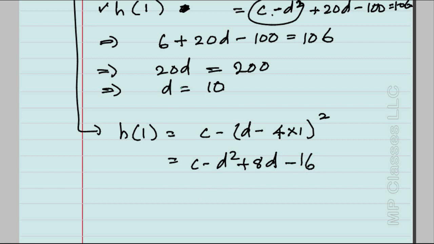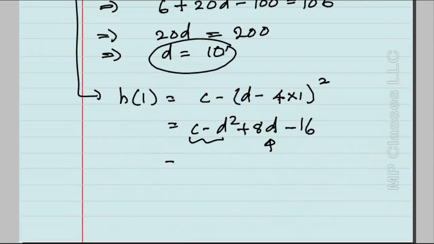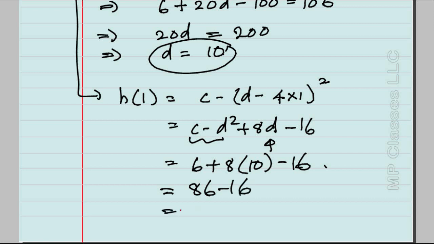So now we have the value of d, which is known, and this as a total quantity we know is 6, so that is 6 plus 8 times 10 minus 16, so that is going to be 86 minus 16, which is 70, and the unit is going to be whatever the height, feet. So that's the answer.